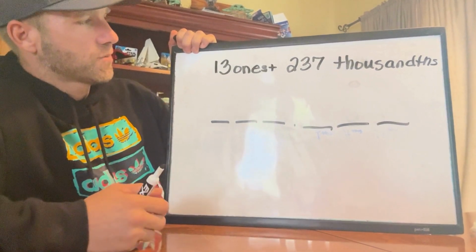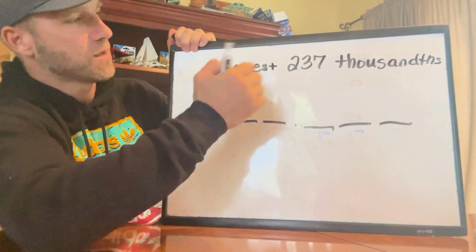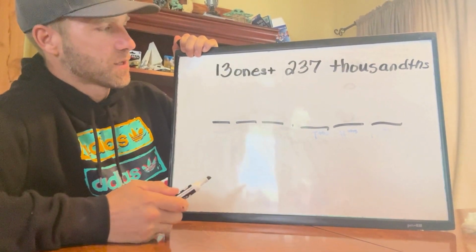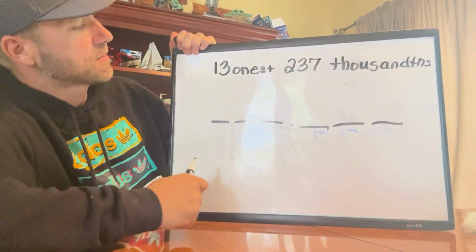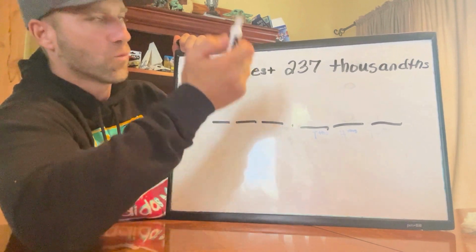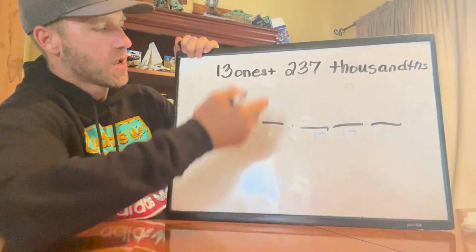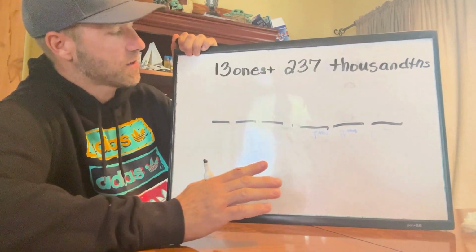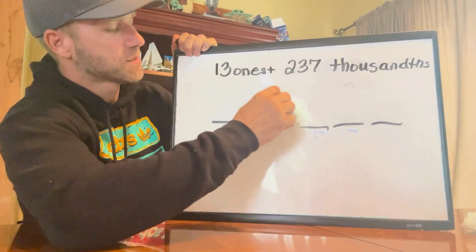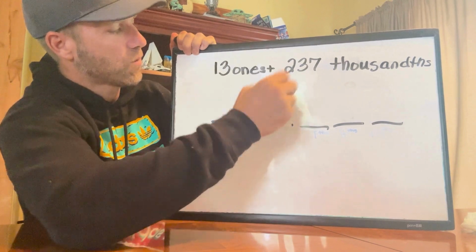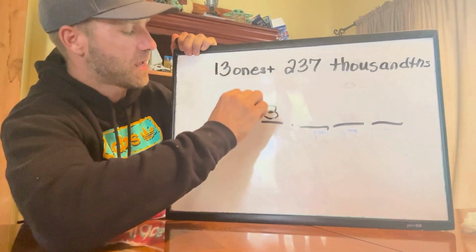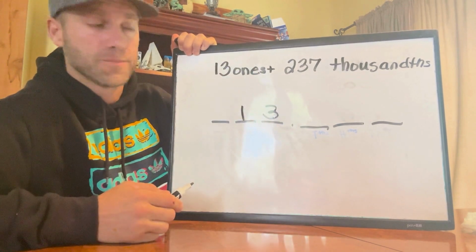Our next example says 13 ones plus 237 thousandths. So again, looking at this, I start with my 13 ones, which again, if we look at our place values, you can only have one digit in a place value. So if I have 13 ones, I can put that 3 in the ones place, and I can take 10 of those ones and make it a 10. So that just equals 13.